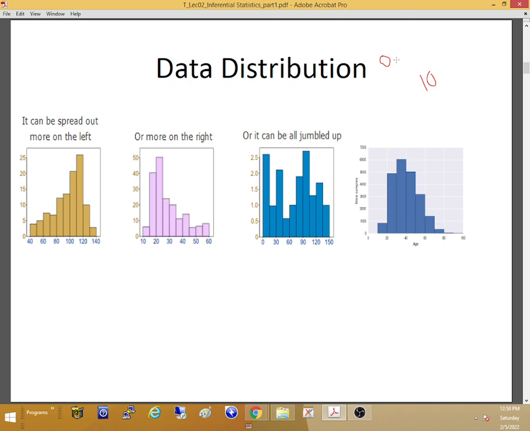Then count how many numbers you can find in 0 to 10 and 10 to 20. This is the binning: 10 bins, and you count the values within each bin, and then you draw a histogram like this.